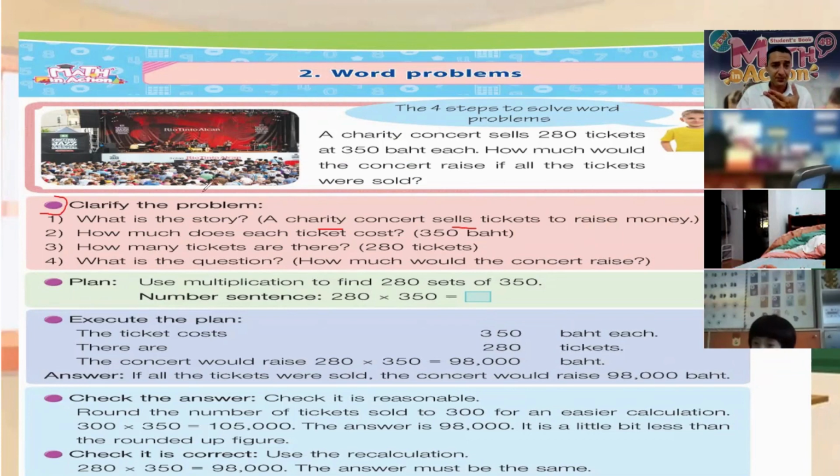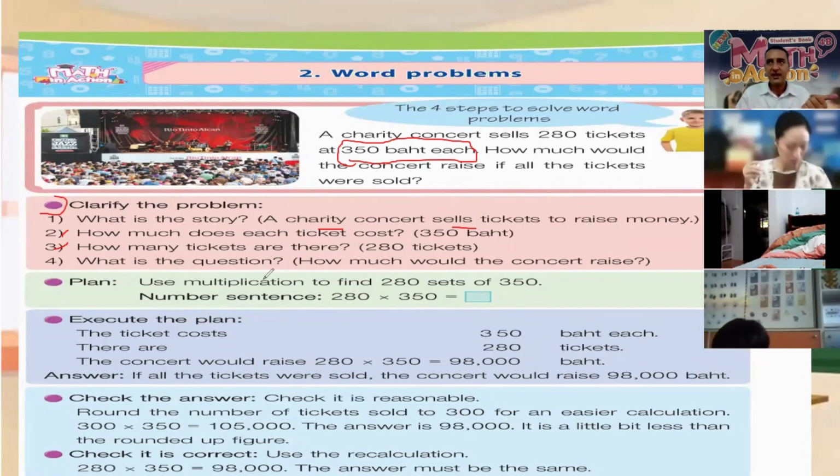Number 2, how much does each ticket cost? What is the cost of each ticket? One ticket costs how much? Here we can see 350 baht each. So that means one ticket costs 350 baht. Number 3, how many tickets are there?